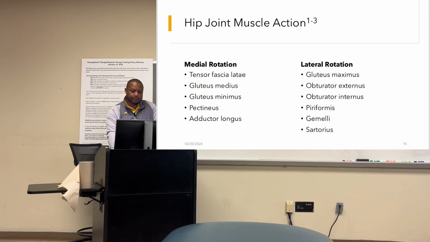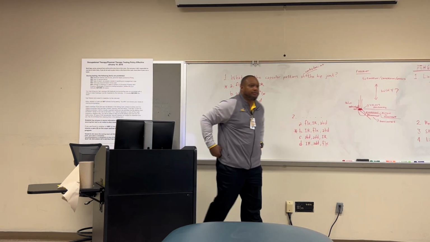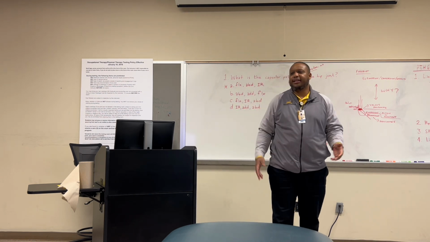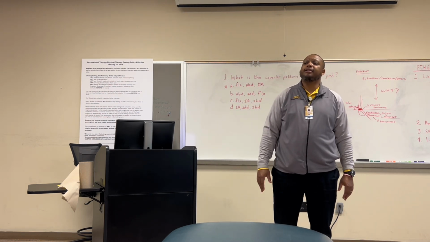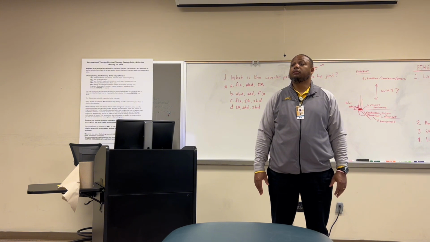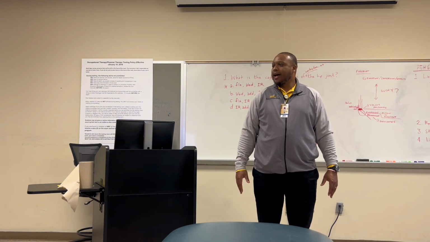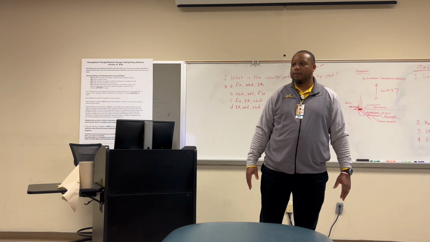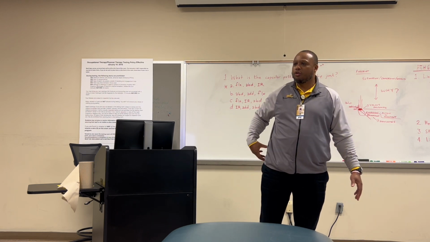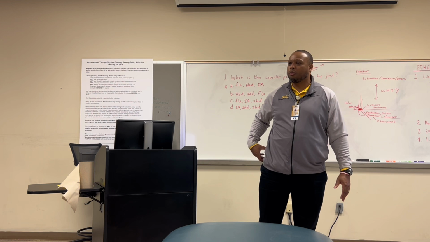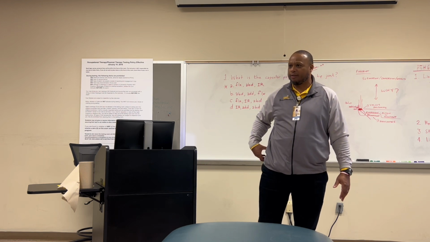The piriformis is a fascinating muscle. I'm going to spend some time on the piriformis muscle, right? So now, when I'm standing, my hip is extended. What position is my hip in? So now, if I externally rotate, we already said the gluteus maximus is the most powerful external rotator, right?